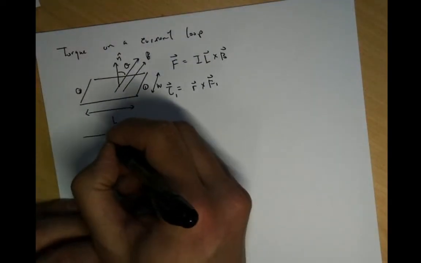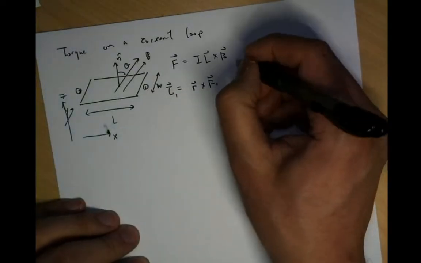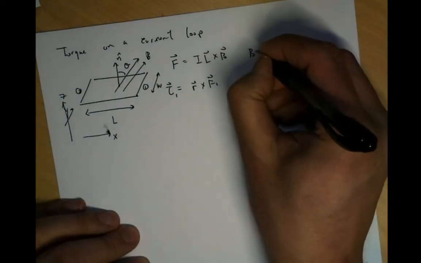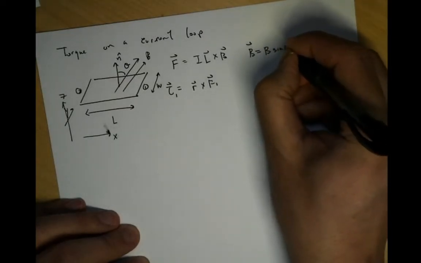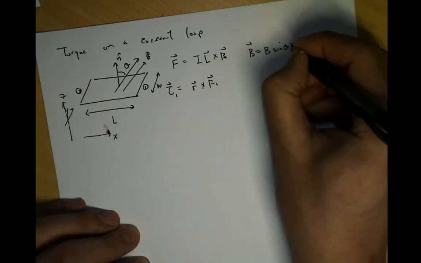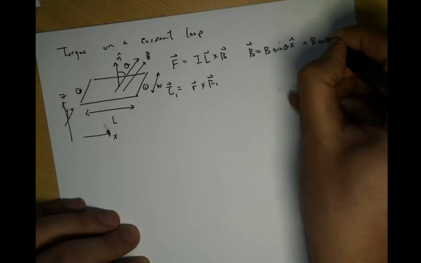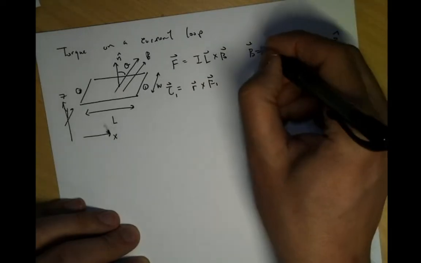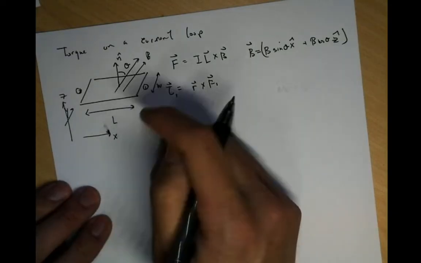So this is X, that's Y, that's Z pointing upward. So the B field is going to be written as B sine theta in the X hat direction, plus B cosine theta in the Z hat direction. So that's basically B.